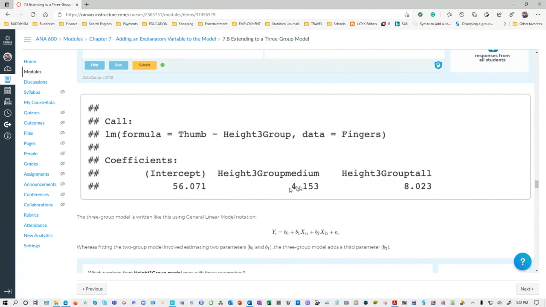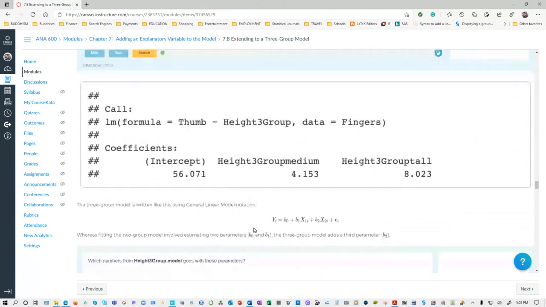Since this is a 3-group model, make sure you include another X value. Earlier with 2 groups, you had 1 X. With 3 groups, you have added one more, so 2 X values, and then 3 parameters: B0, B1, and B2. Think about how this is going to work.